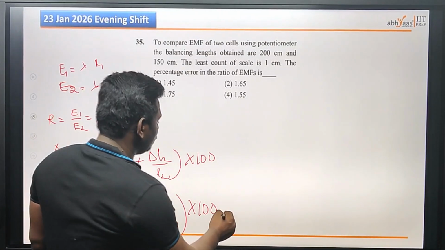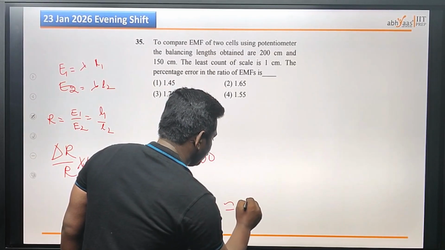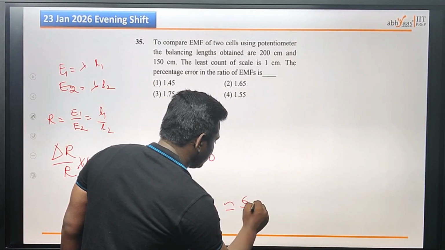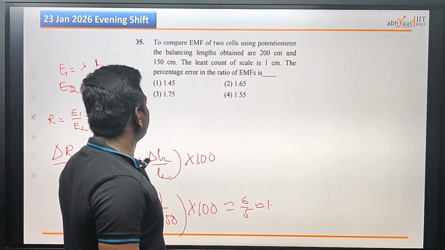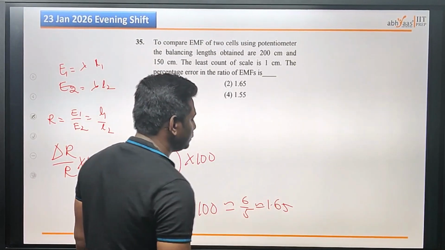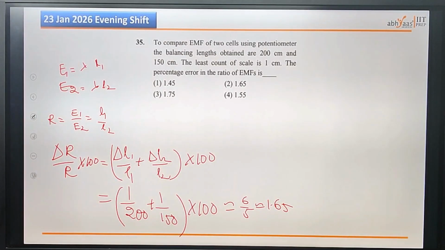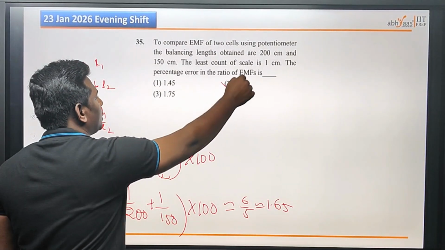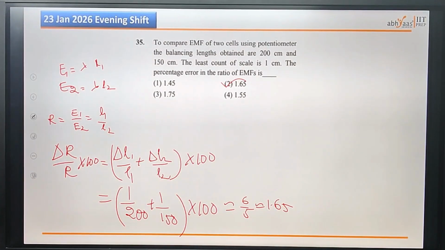If you see here, you will get the answer 6 by 5, which is nearly equal to 1.65. This is your answer. 1.65 is your answer.